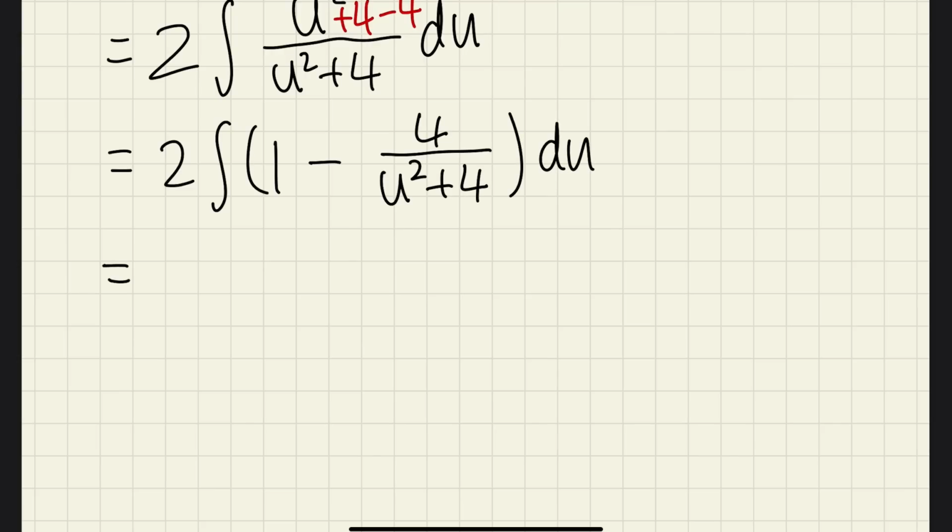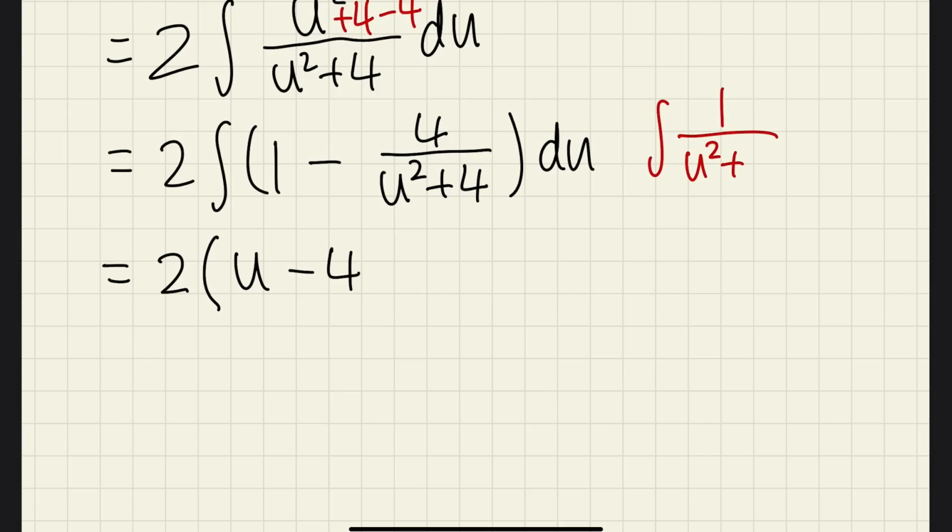Now, let's put down 2 parentheses for the result of the integration. Integrating 1 in the u world, we get u. And we have the negative 4. And now, let's talk about how we can integrate this. If we have the integral of 1 over u squared plus 4, where 4 is like 2 squared, the formula is, we are going to be using inverse tangent.